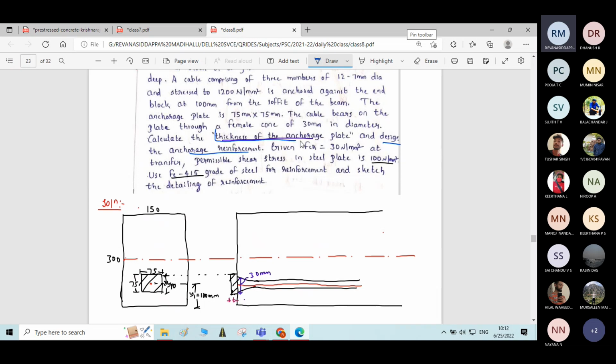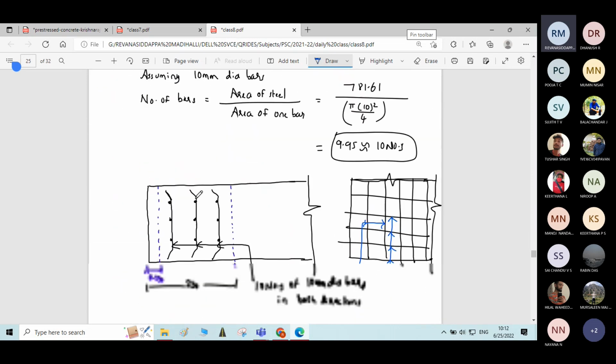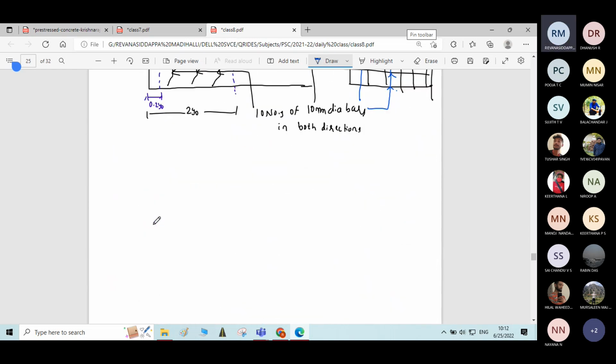We are left with one more question, that is to find the thickness of the anchor plate. Next, E, thickness of anchor plate.